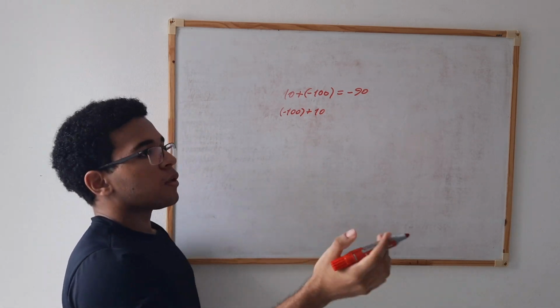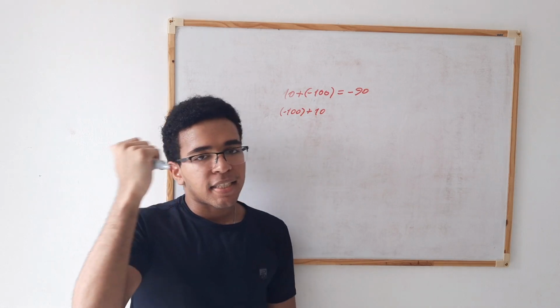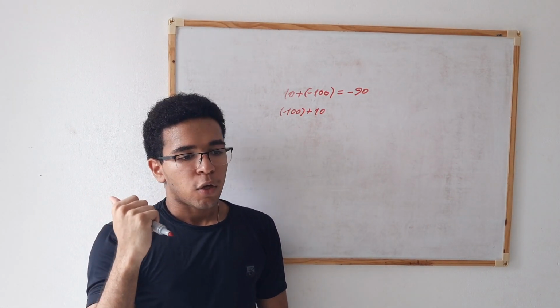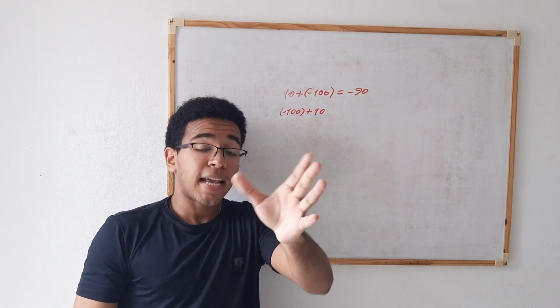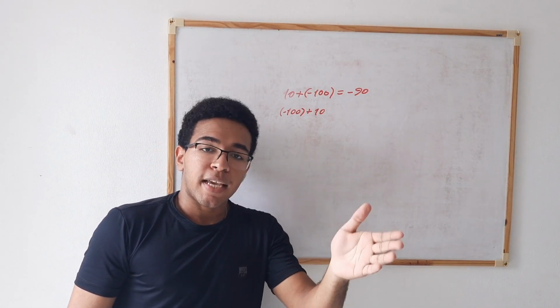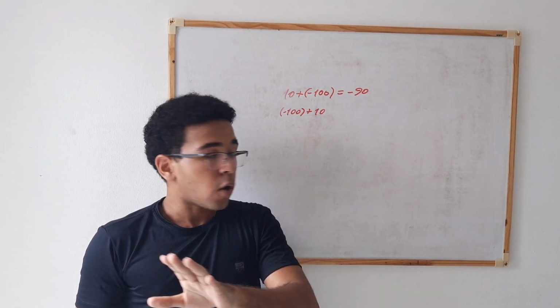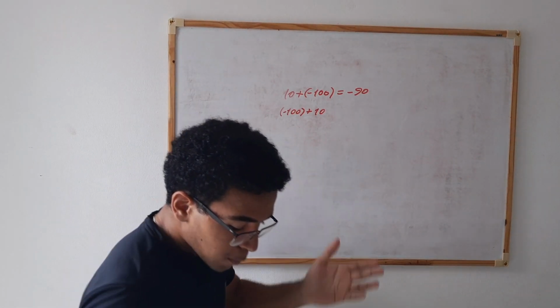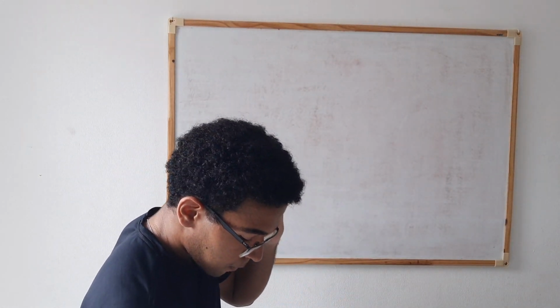And back to the numerical line, we can easily imagine that, well, I'm negative on 100. So if I add a positive 10, I will be negative on just 90. Okay? So subtraction is a variation of addition.